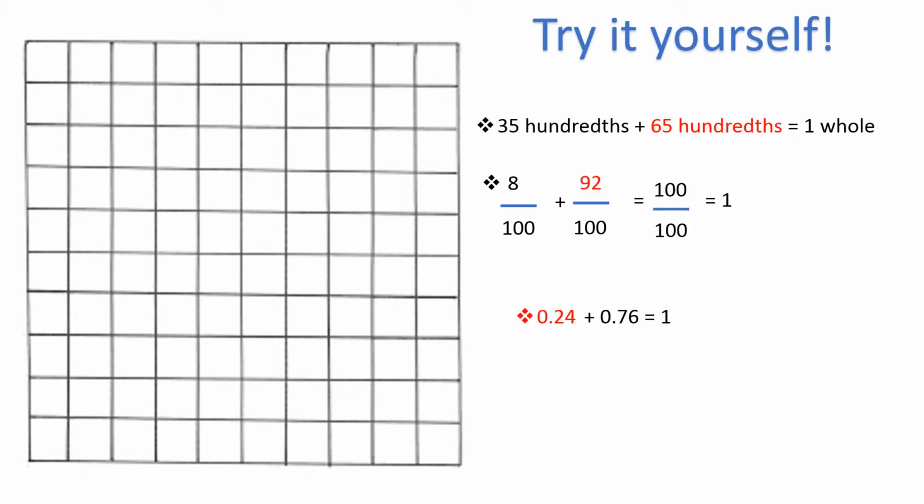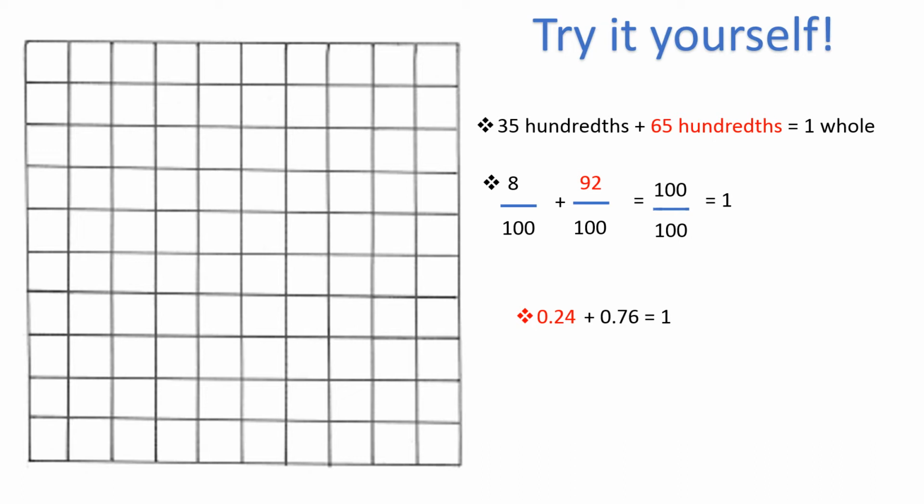It was 35 hundredths plus 65 hundredths equals a whole. 8 hundredths plus 92 hundredths equals 100 hundredths, which equals 1 whole. And it was 0.24 plus 0.76 equals a whole.